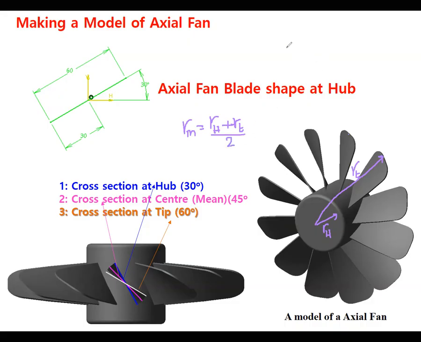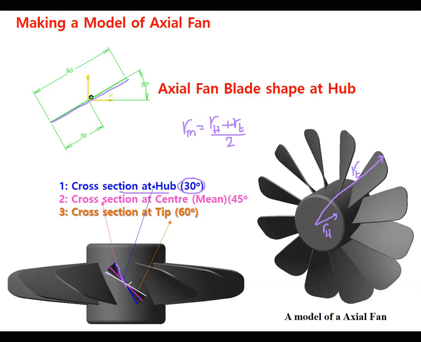Here I just consider 3 angles, so I am making 3 lines. One line is at the hub at an angle of 30 degrees. This is the hub angle, the blue color line.